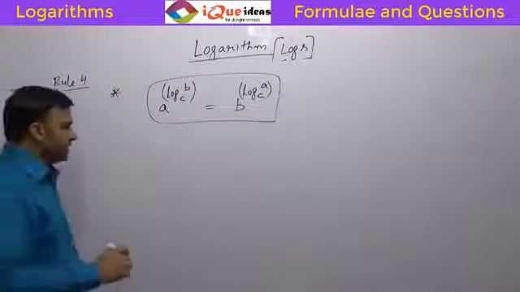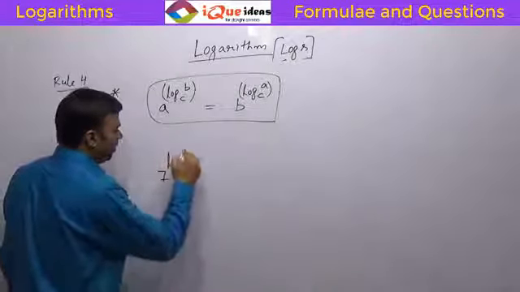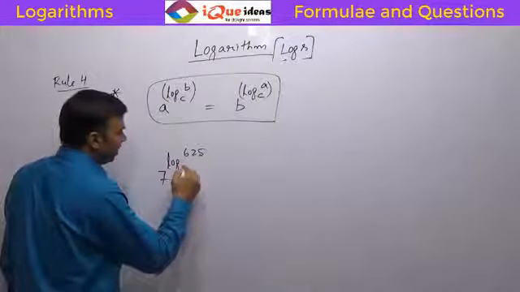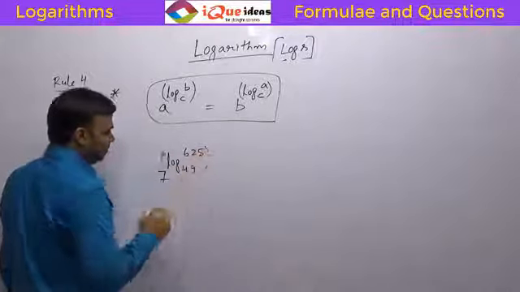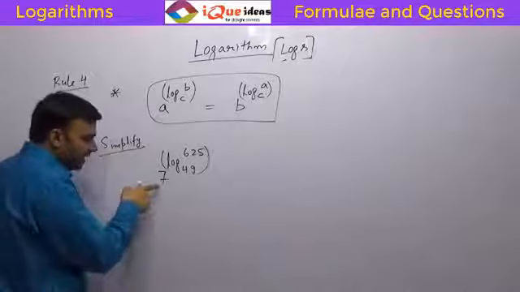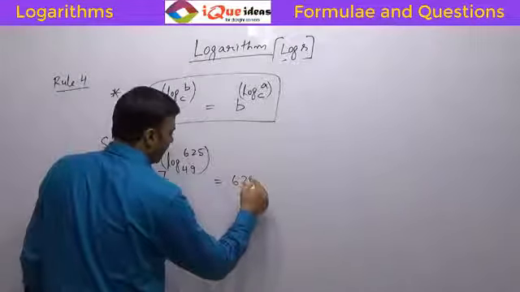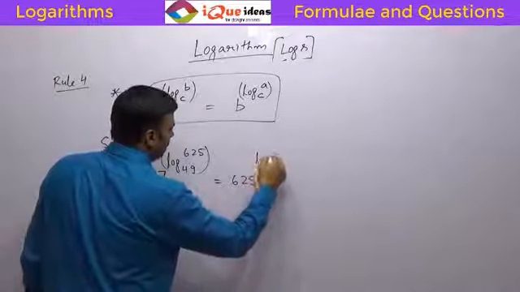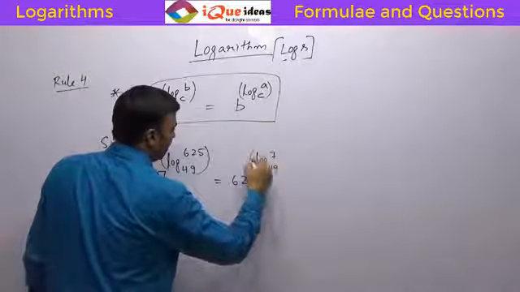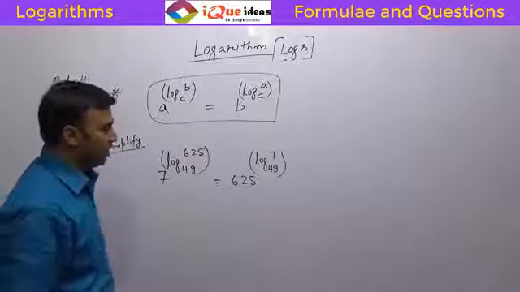So if there is a question which says 7 to the power log of 625 to the base 49, and the question says simplify, what you can do is you can interchange this 7 and 625, so it will become 625 to the power log of 7 to the base 49. Make sure that the position of 49 is not touched, is not changed at all, is not affected at all.